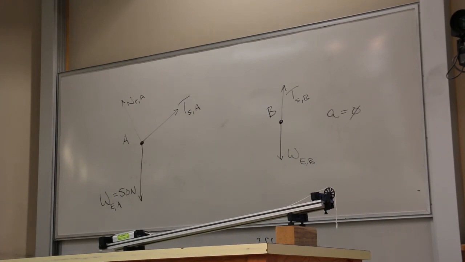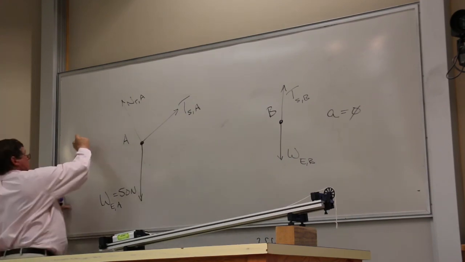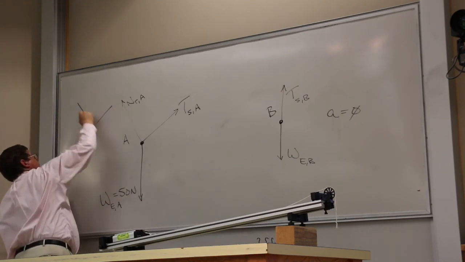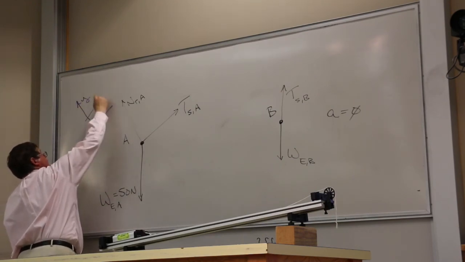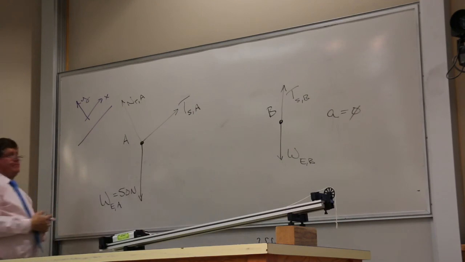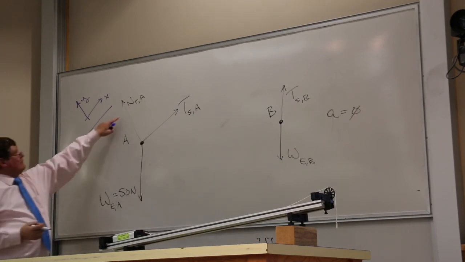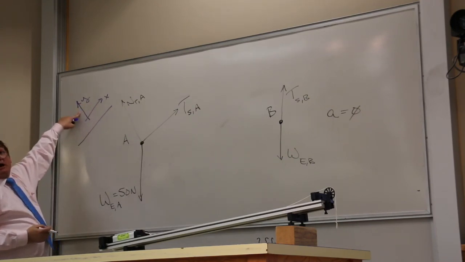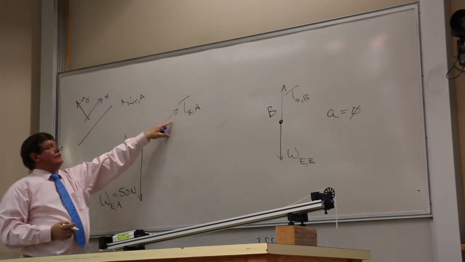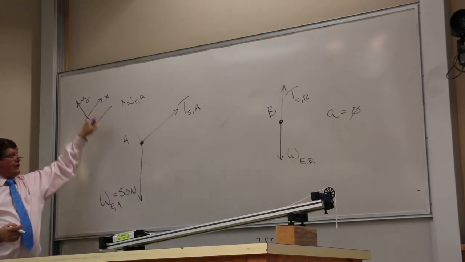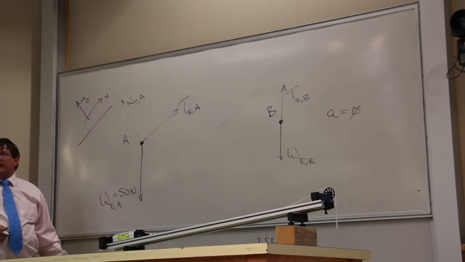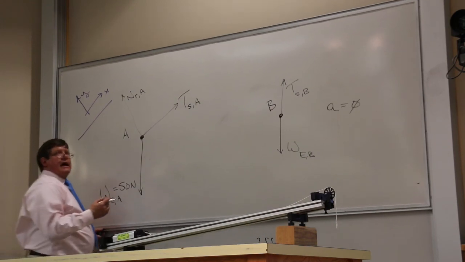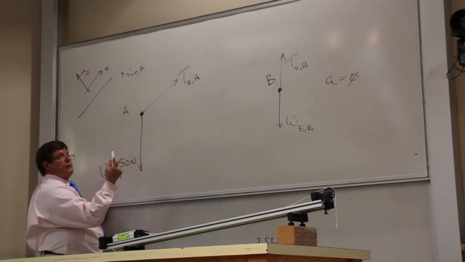Now, whenever I have a ramp problem or a hill problem, I rotate my coordinate system so that it lines up with the ramp. Then this normal force will be in the y direction. The tension force will be in the x direction. It's always the weight force that we need to break up into components. And we always do it the right way.